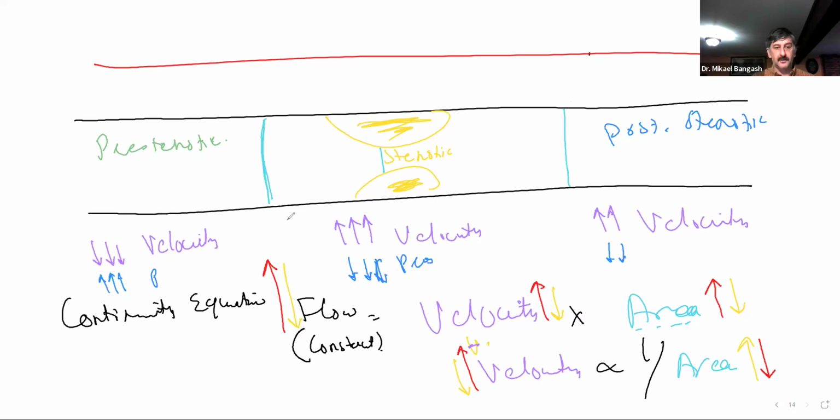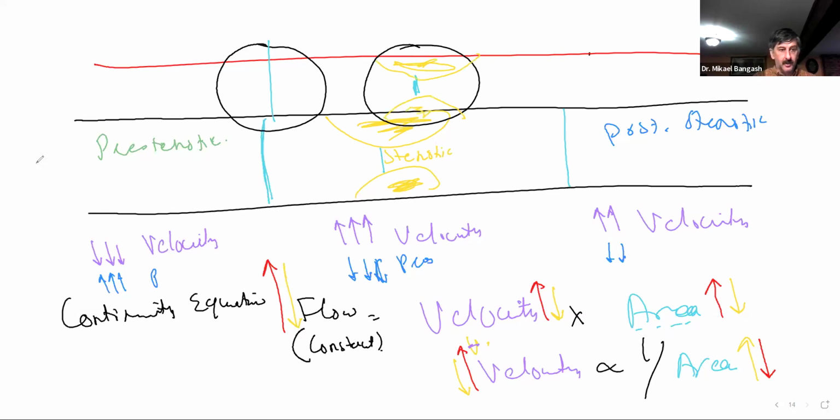If you take it in a cross section, the blood vessel is still this big over here, but the area of the lumen is narrowed down because of the stenotic plaque.